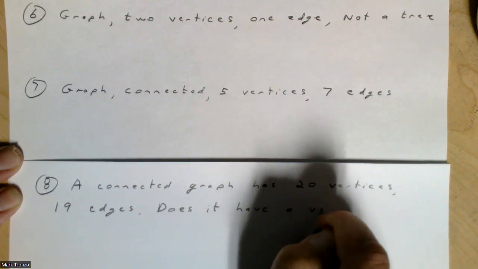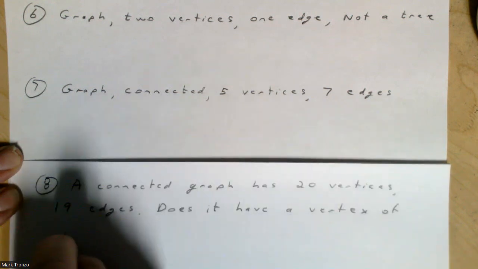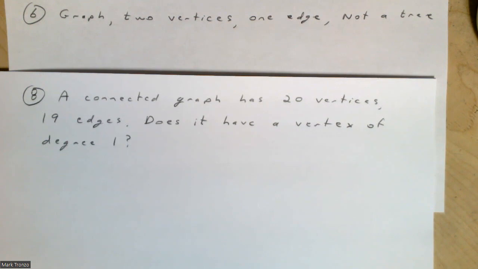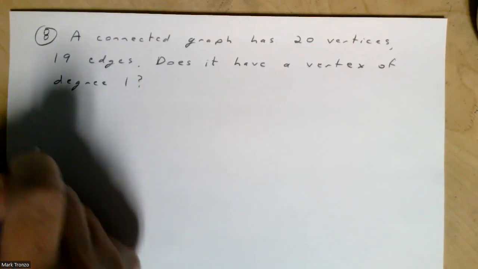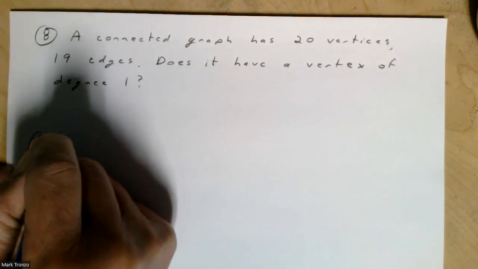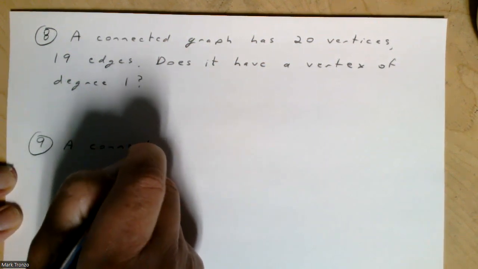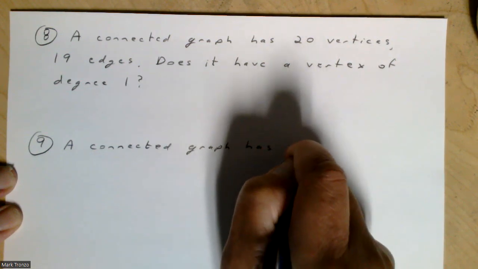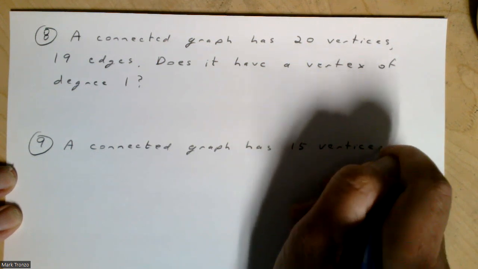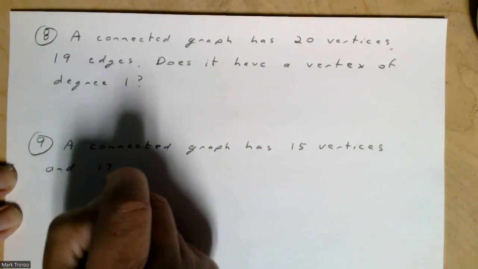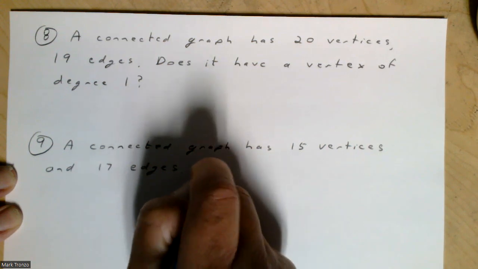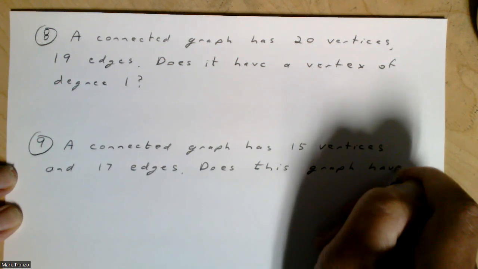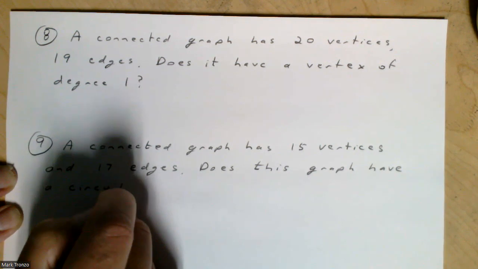Does it have a vertex of degree 1? Number 9, a connected graph has 15 vertices and 17 edges. Does this graph have a circuit?